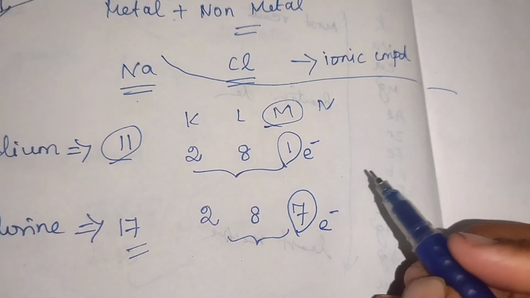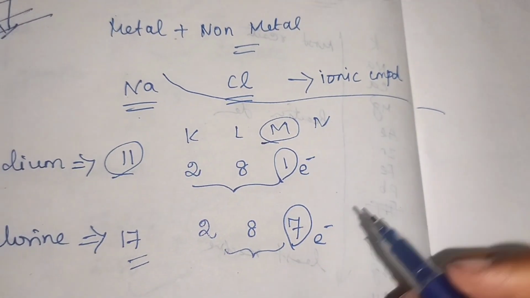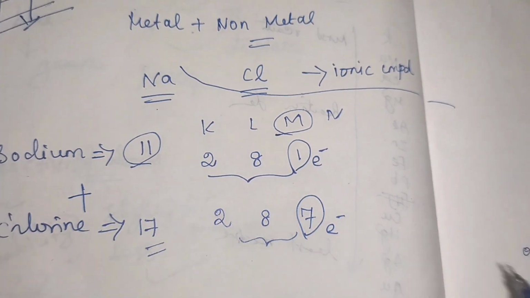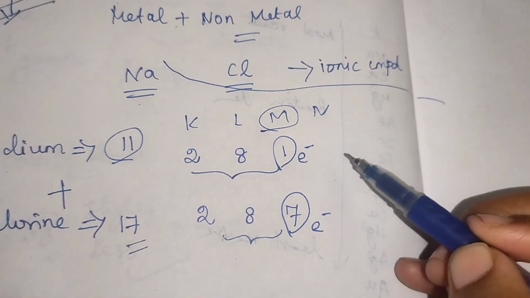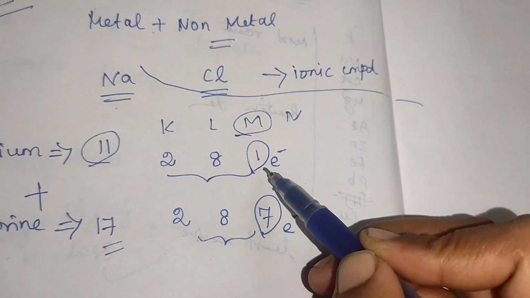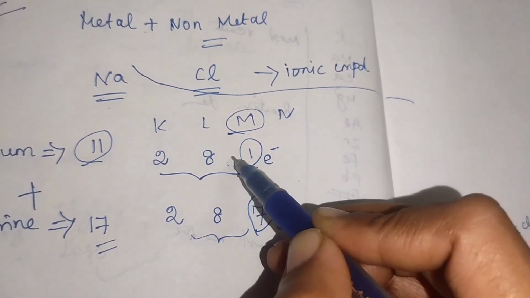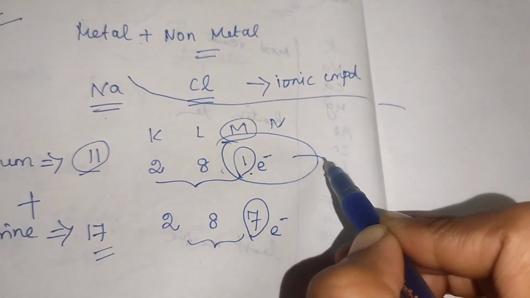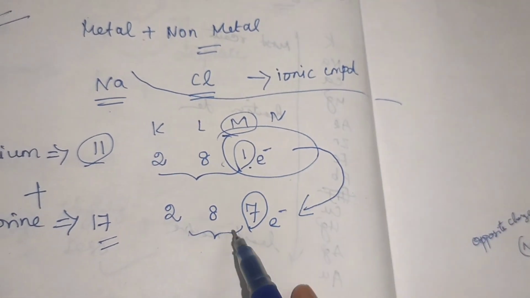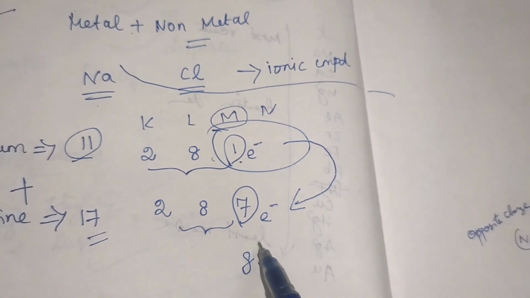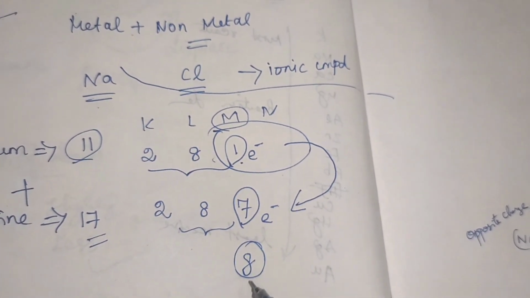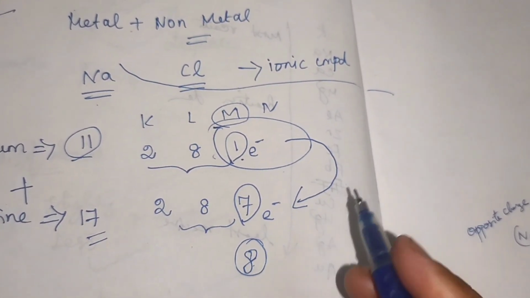Okay. Now these two are going to react, sodium and chlorine. Sodium has only one electron in its outermost shell. If it leaves this one electron, and chlorine accepts this one electron, then the 7 will become 8. And a total of 8 means it is an octet.